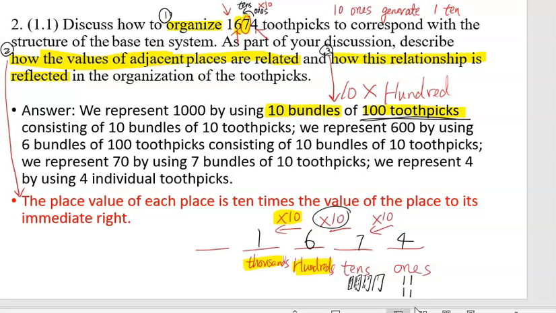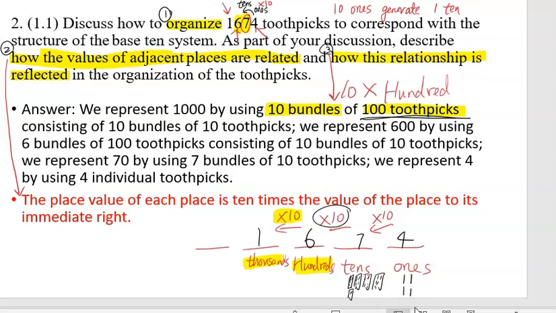If you're good with drawing, you can do the drawing instead, and it would save you a lot of words. But the drawing is a little tedious: you have to draw 7 bundles of 10. And for 100, it's even more complicated. You have to draw 6 bundles of 100, very big bundles, as I showed you in class.